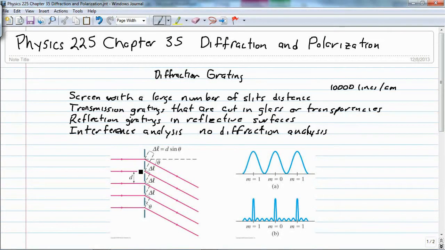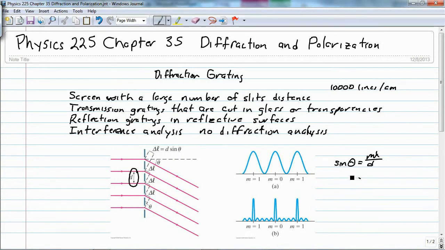And it turns out that, looking at this diagram, our formula is very similar to what we had for the double slit. Here we have sine of theta is equal to m lambda divided by d. d is the average distance between the slits, and the distance should be the same between all the slits.